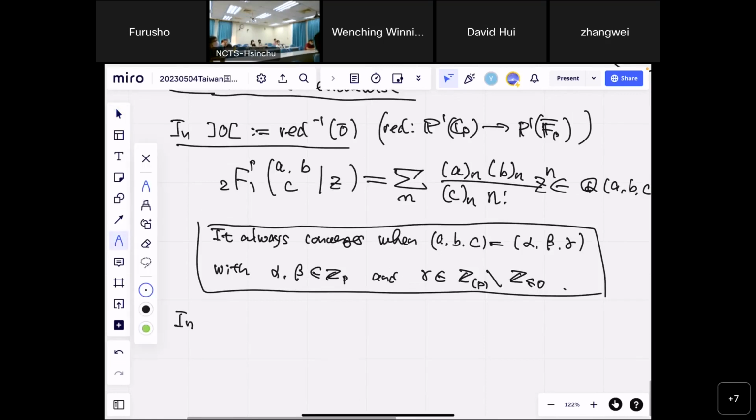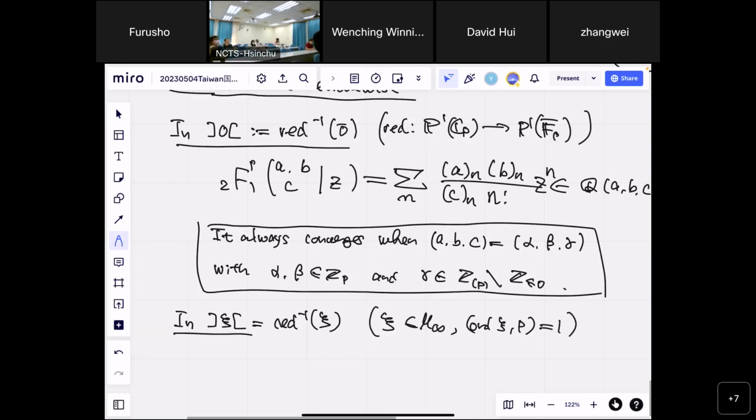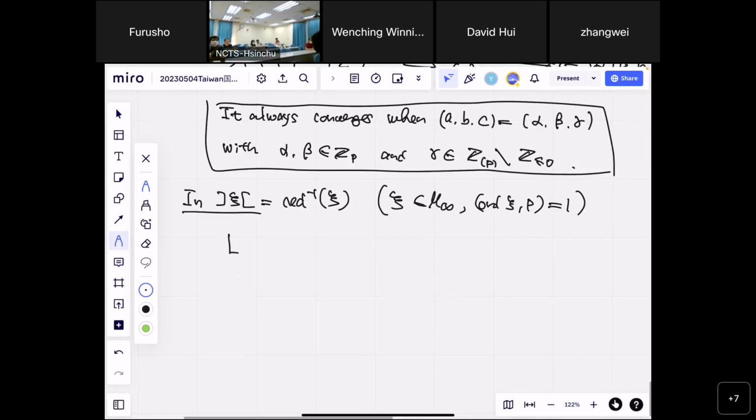Other residue disks here. Here we use the extension of formal p-adic multiple polylogarithms.